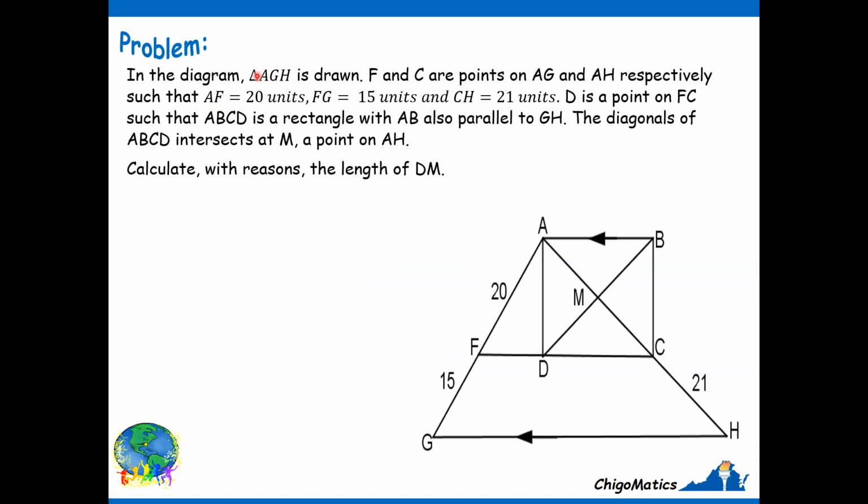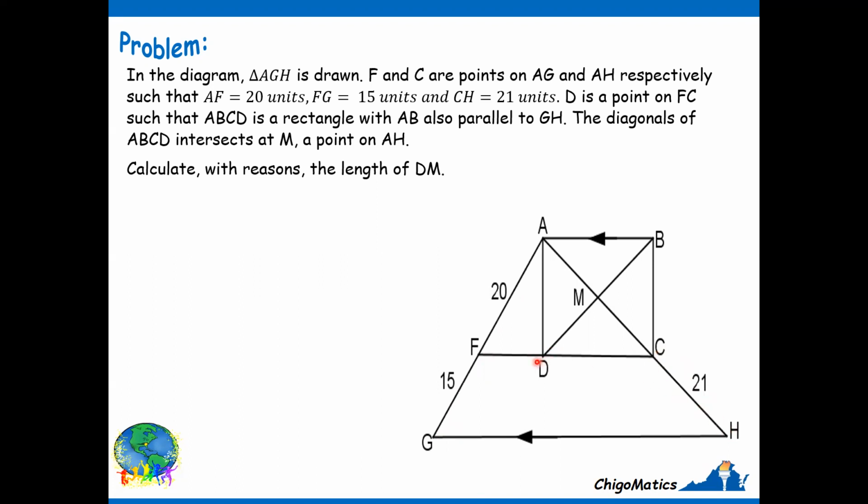In the diagram, we have triangle AGH drawn. F and C are points on AG and AH respectively, such that AF is equal to 20, FG is equal to 15, CH is equal to 21.